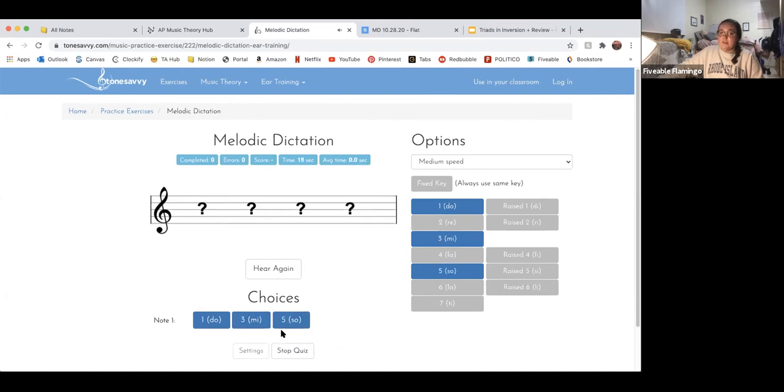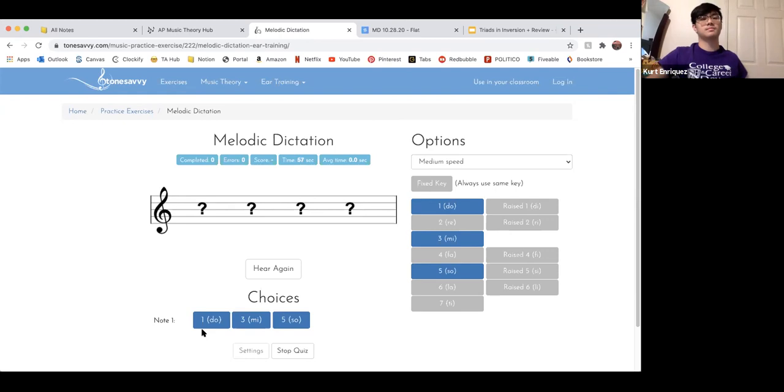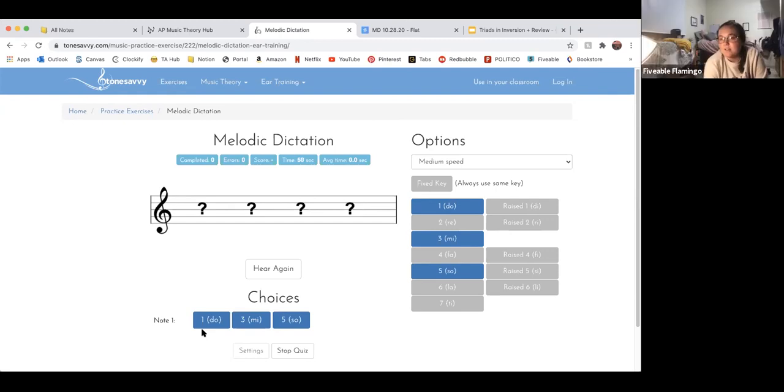So it's going 1, 3, 5, 1. So it was giving you the entire chords of the melodic dictation. It was then giving you afterwards. So if it was going do, mi, sol, do, it was giving you the then going. You get what I'm saying? It's just kind of helping you pick apart those chords that it's giving you at first.